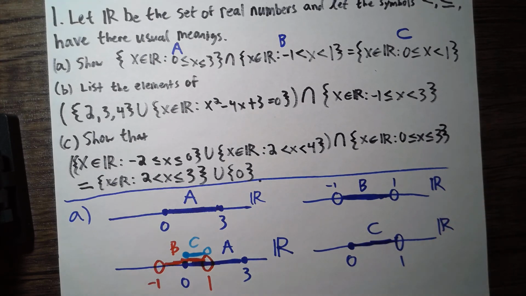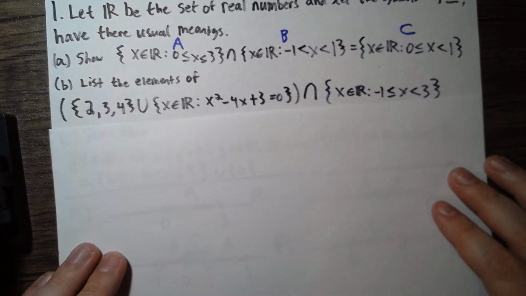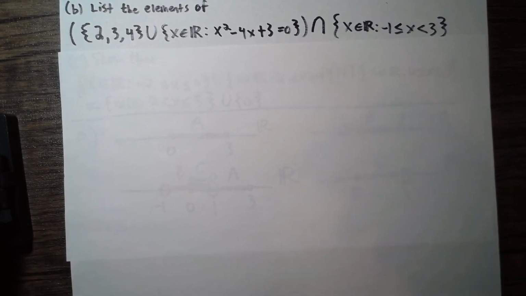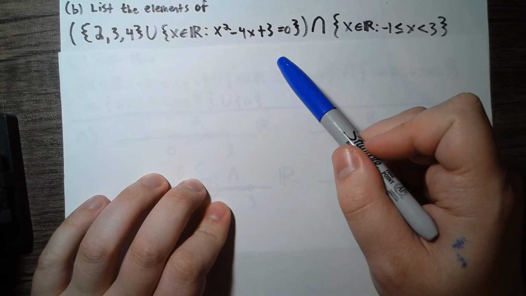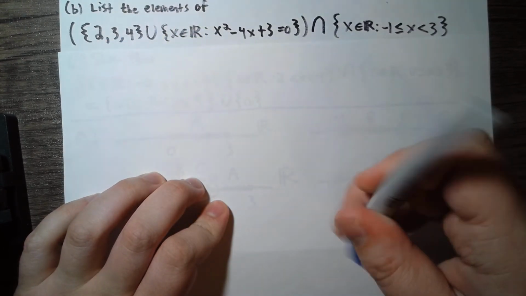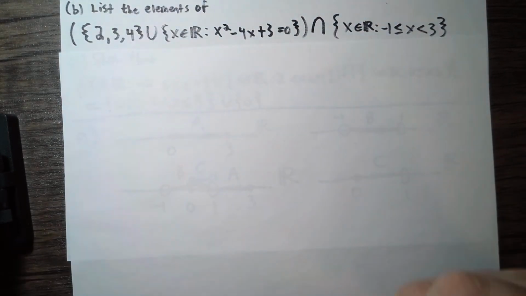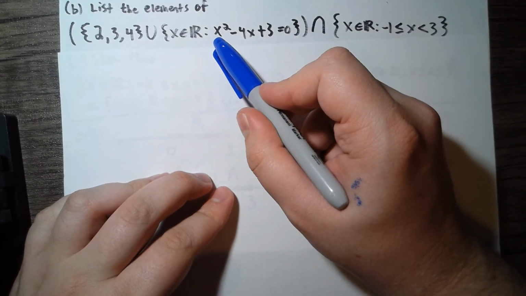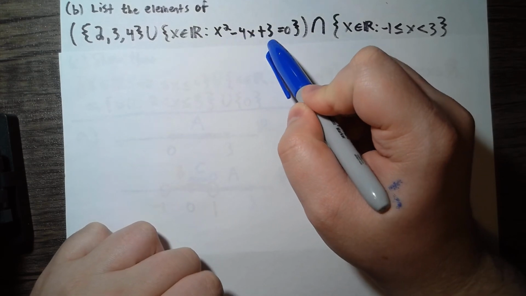Alright, so I'm going to get a new sheet of paper, and maybe I'll just push this up here. Question B asks us to list the elements of the following set. So we have the set of 2, 3, and 4, and we're unioning it with the set of real numbers where x squared minus 4x plus 3 is 0.